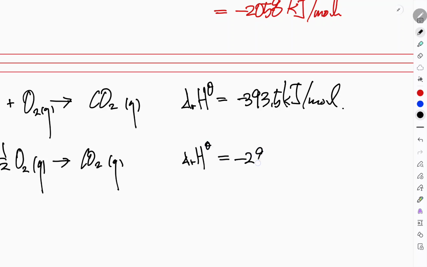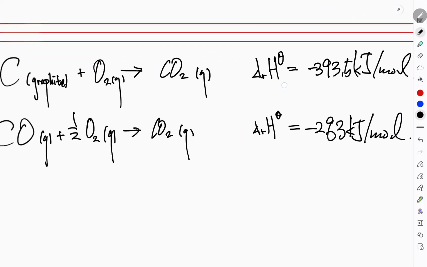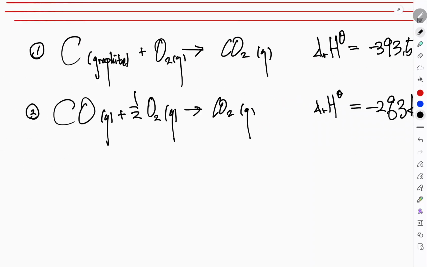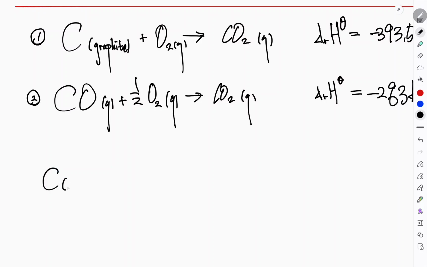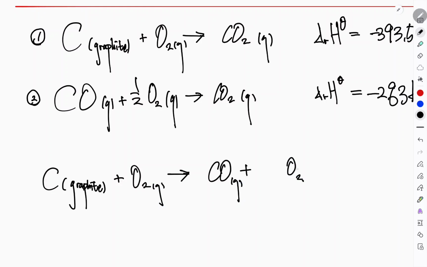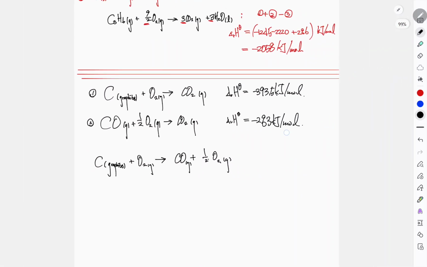What we would like to know is this one, the partial oxidation of graphite. This is graphite, and it becomes carbon monoxide, with residual oxygen gas here. We would like to know the standard reaction enthalpy change.